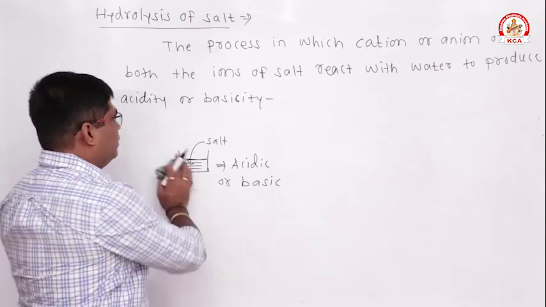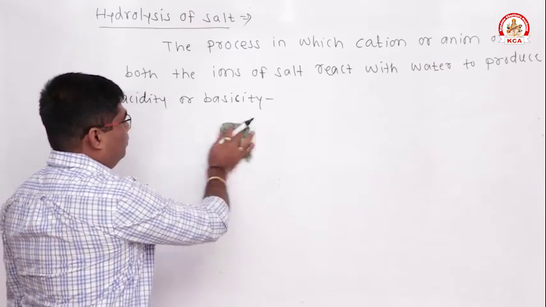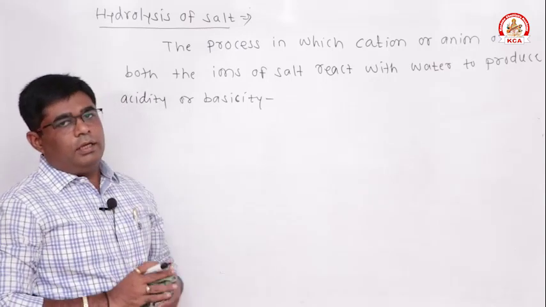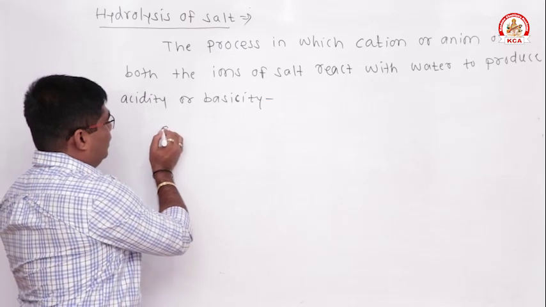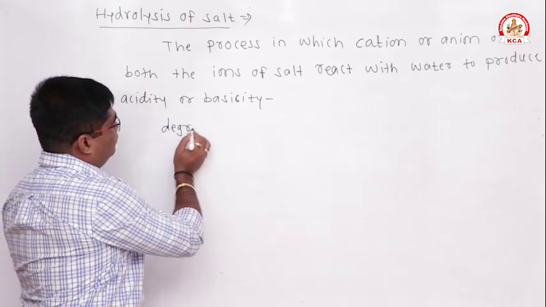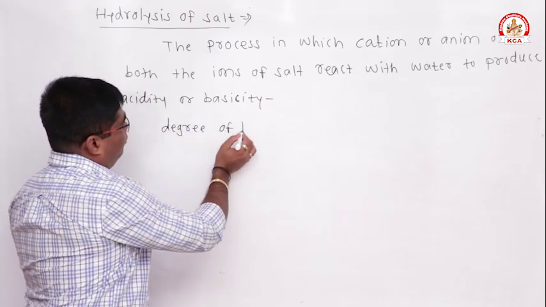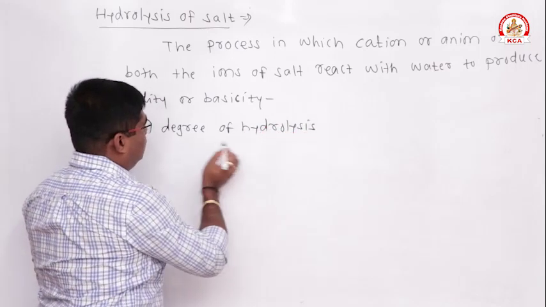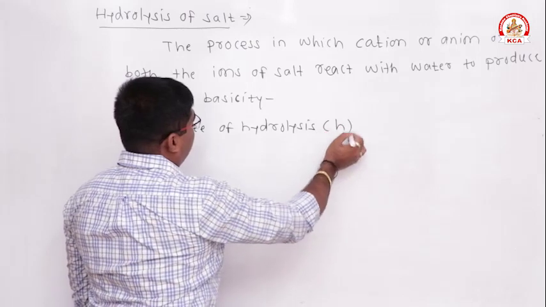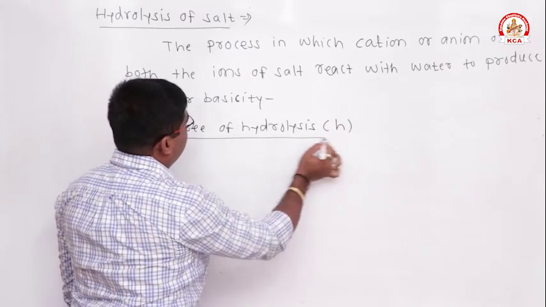For acid and base, you know the degree of dissociation, and for hydrolysis one term ती फक्त माहित असावी, that is degree of hydrolysis. What is this degree of hydrolysis? It is given by the small letter h.